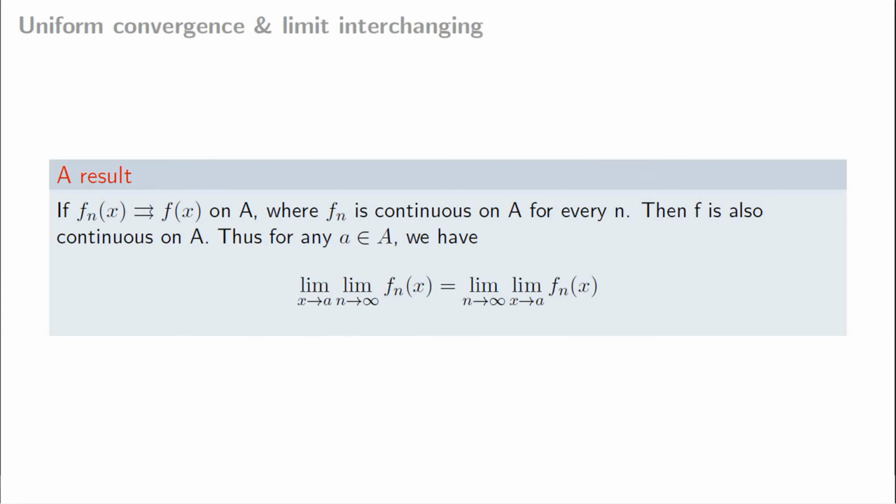So let us consider some consequences of uniform convergence. The first one involves uniform convergence and limit interchanging.